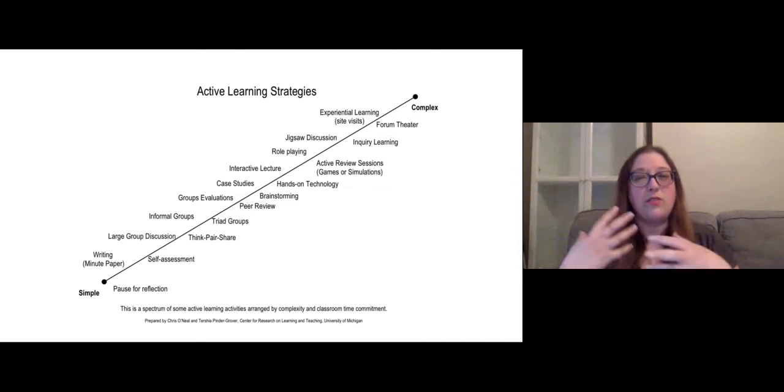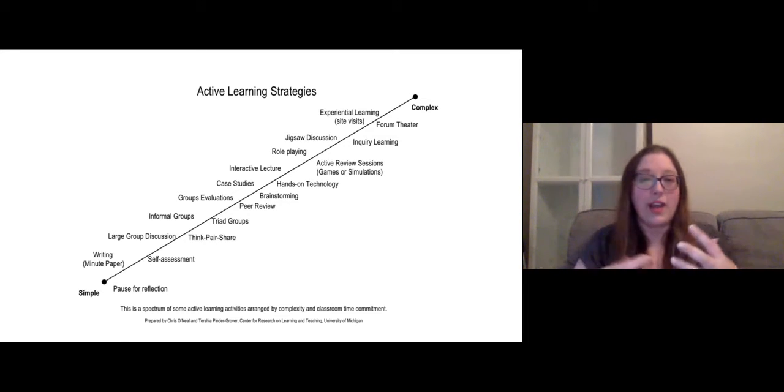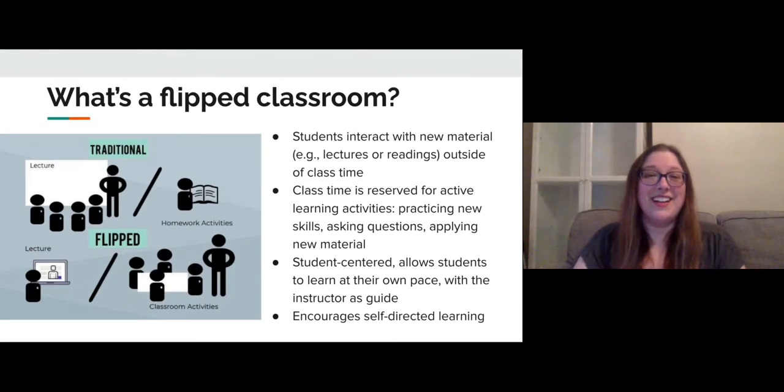And that's one of the things that you ought to consider, I think, when thinking about how you want to employ active learning strategies in your own instruction. It depends on what your goals are.